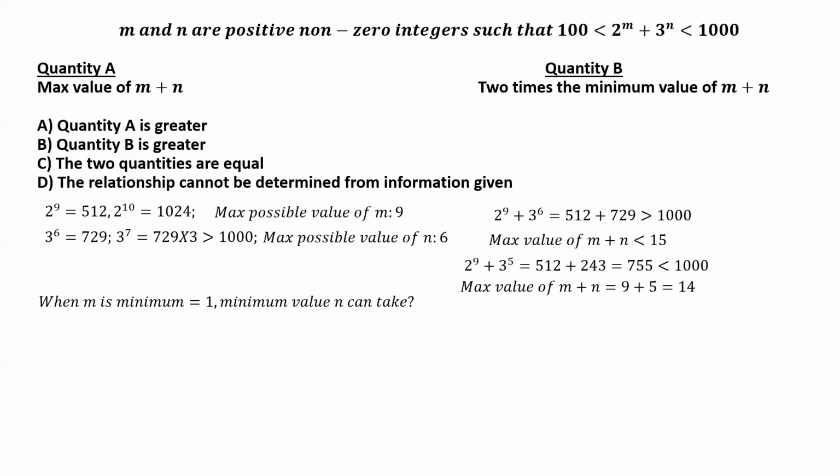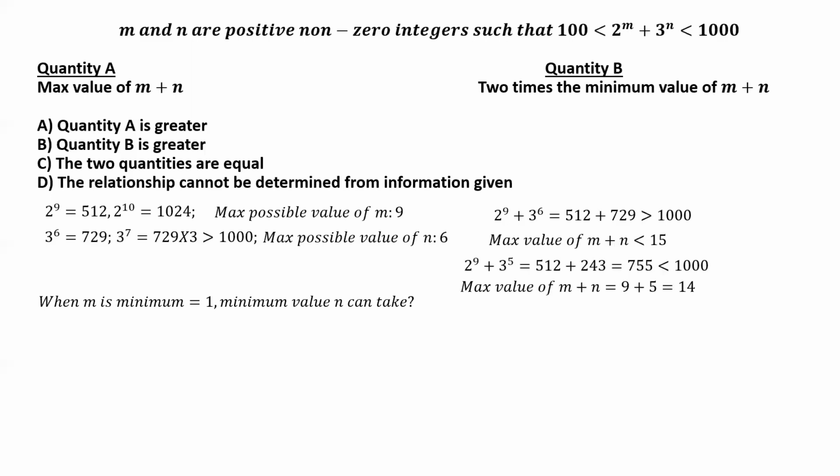So the inequality has still got to be satisfied. And now we are more concerned about the lower limit of the inequality, because we are reducing both m and n and trying to see what's the minimum possible. We've already reduced m to the minimum possible value, because m is a non-zero positive integer and the minimum possible value it can take is 1.